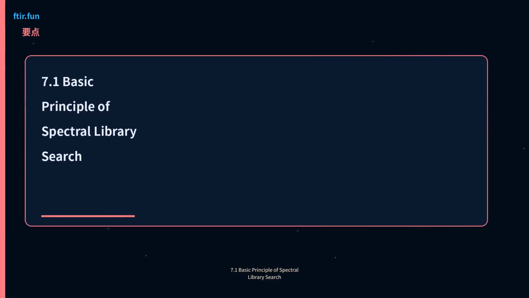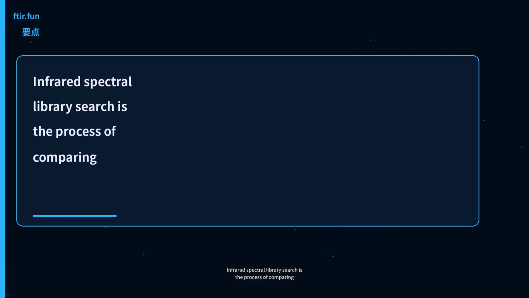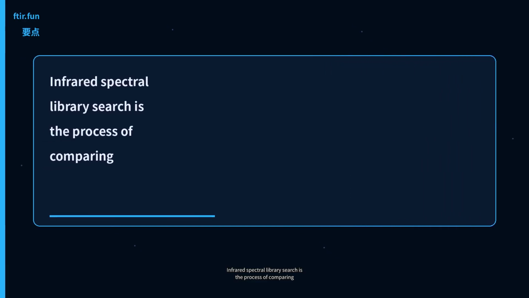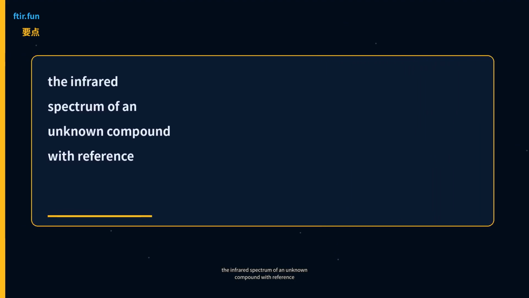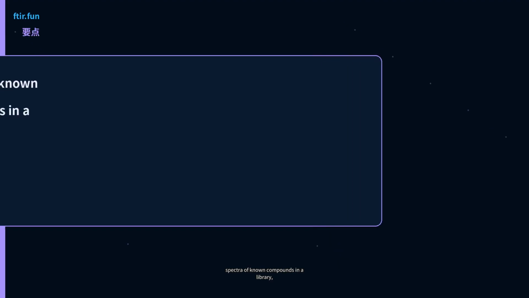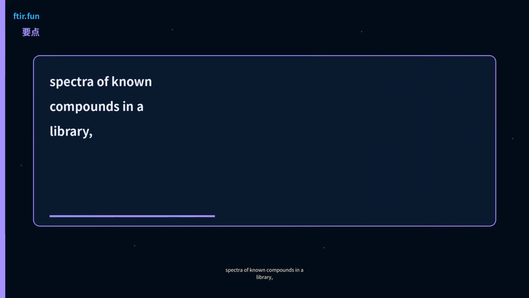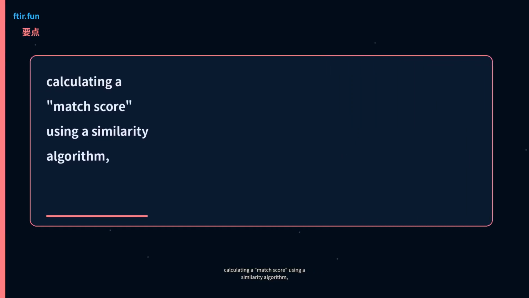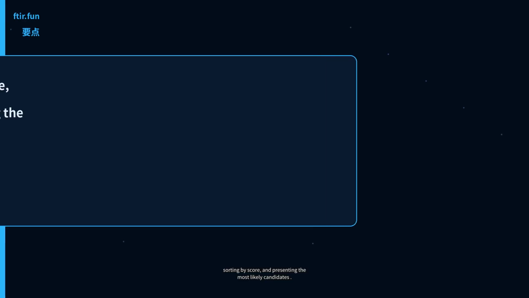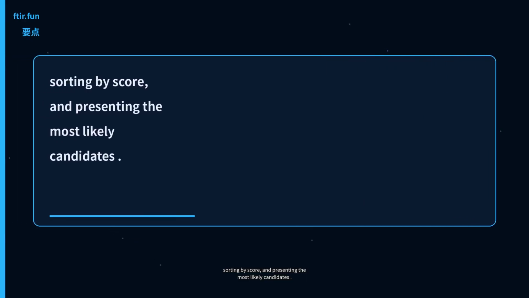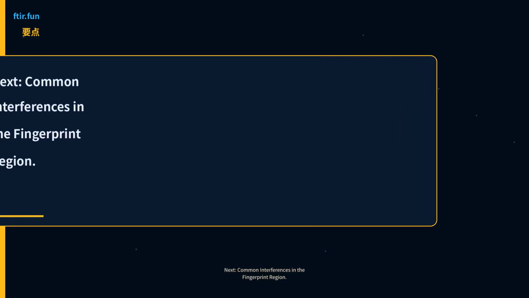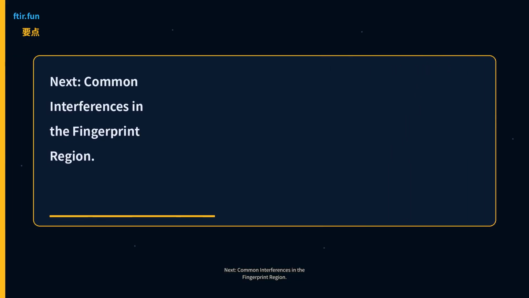Basic principle of spectral library search: infrared spectral library search is the process of comparing the infrared spectrum of an unknown compound with reference spectra of known compounds in a library, calculating a match score using a similarity algorithm, sorting by score, and presenting the most likely candidates.